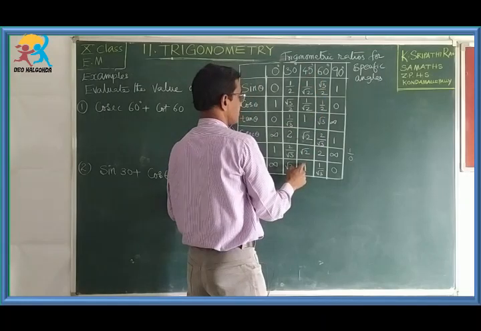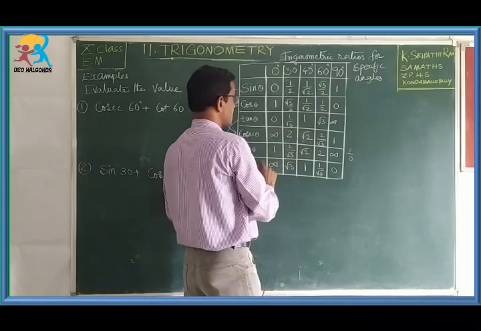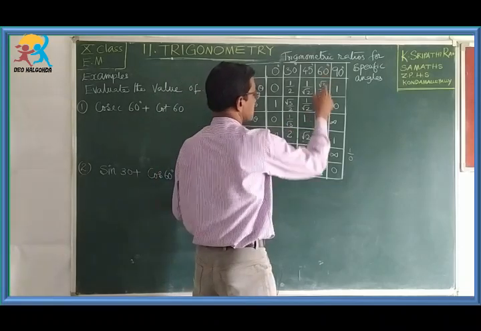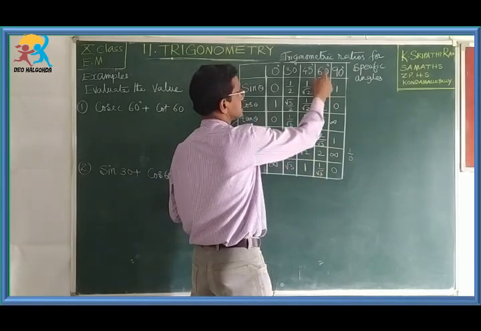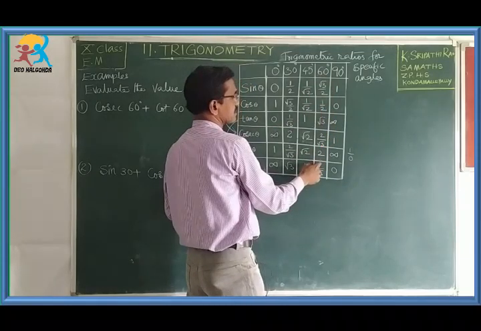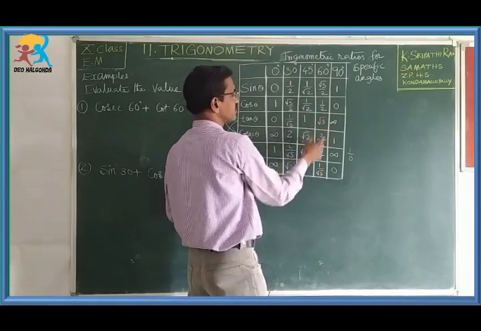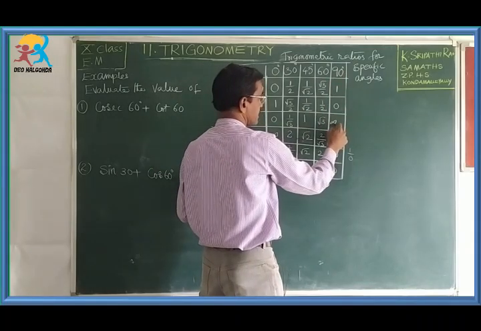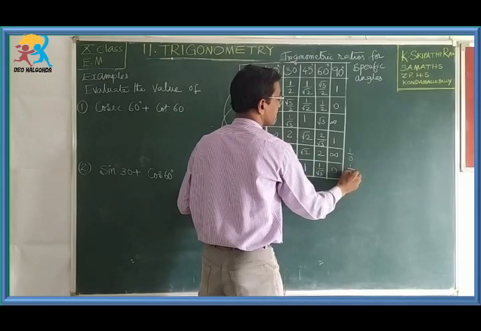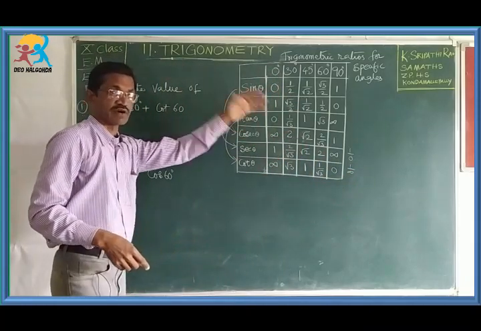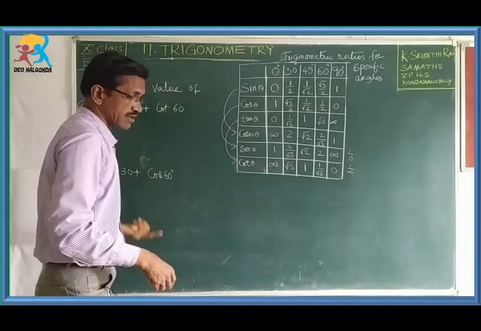Cot 45: we know tan 45 is 1, so cot 45 is 1 by 1, which is 1. Cot 60: tan 60 is root 3, and the reciprocal of tan 60 is cot 60, so 1 by root 3. Then cot 90 is equal to 1 by undefined, 1 by infinity, which is equal to 0. We have to memorize all this, keeping all these values in our mind to solve these problems.